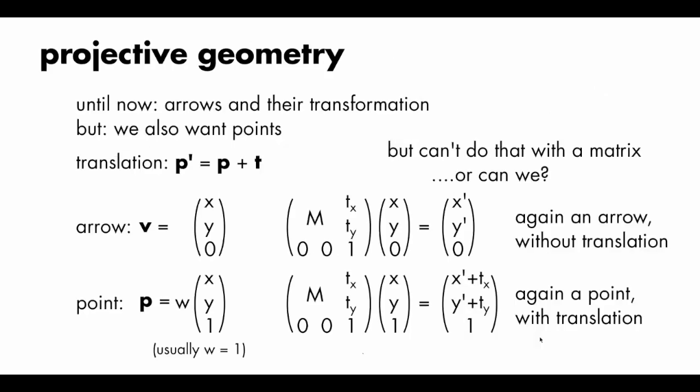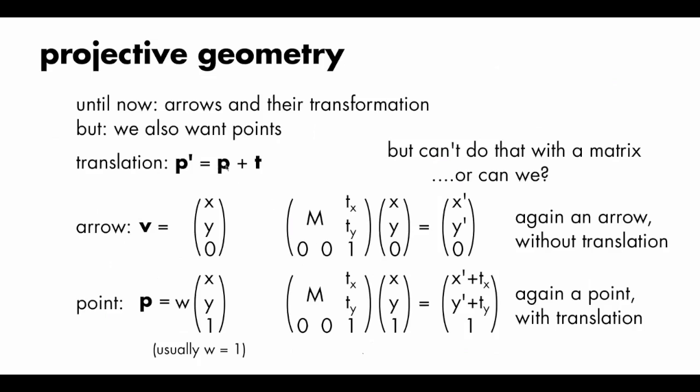Okay. So now we're going to projective geometry. Until now, we only really talked about arrows and what we can do with them, their transformations. But we also want points. And one thing that points have that arrows don't is a position. I mean, that's kind of what they are. They are a position, essentially.